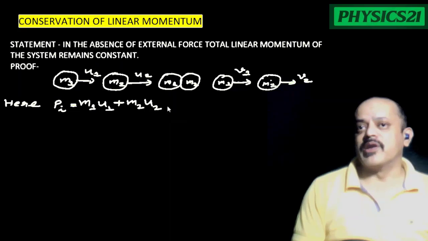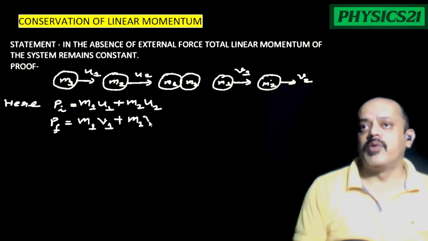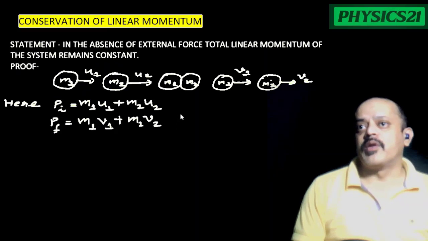So this is the total initial linear momentum before the interaction between them. After the interaction, the final linear momentum Pf is equal to m1 v1 plus m2 v2. To prove the statement of the conservation of linear momentum, we will prove Pi is equal to Pf.